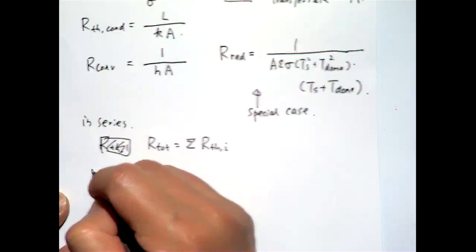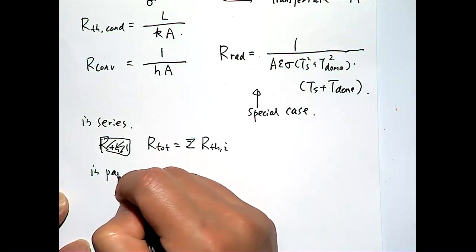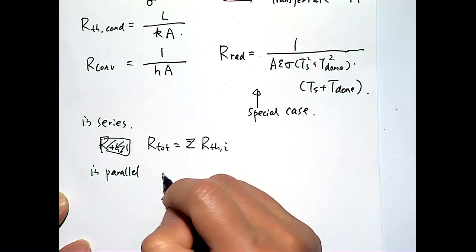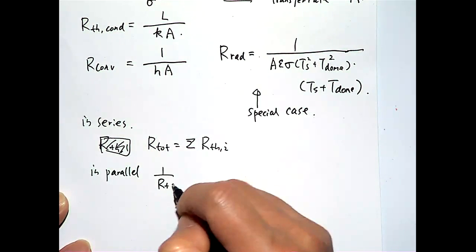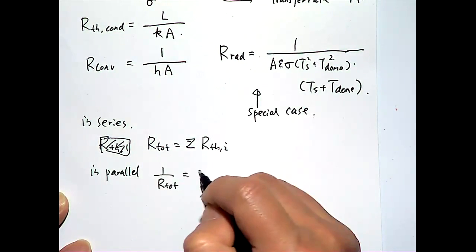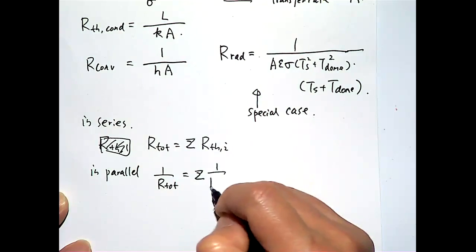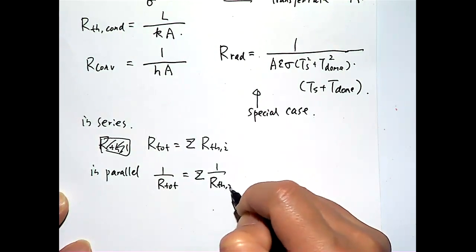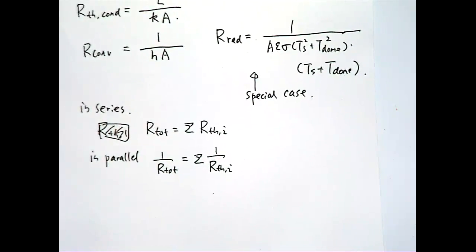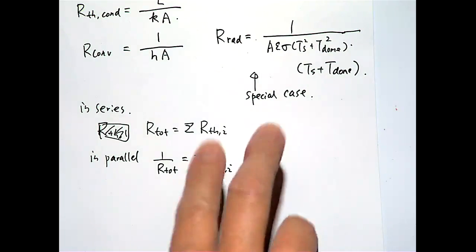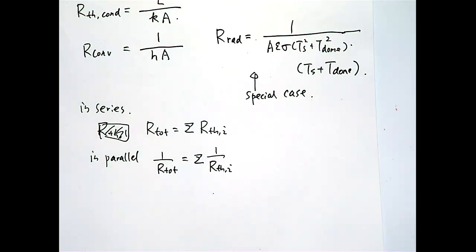In parallel, 1 over R total equals the sum of 1 over each component. Right. So if you have multi-mode heat transfer, then you can just use this simple equation that you learned before with the electrical resistance to calculate the total thermal resistance.